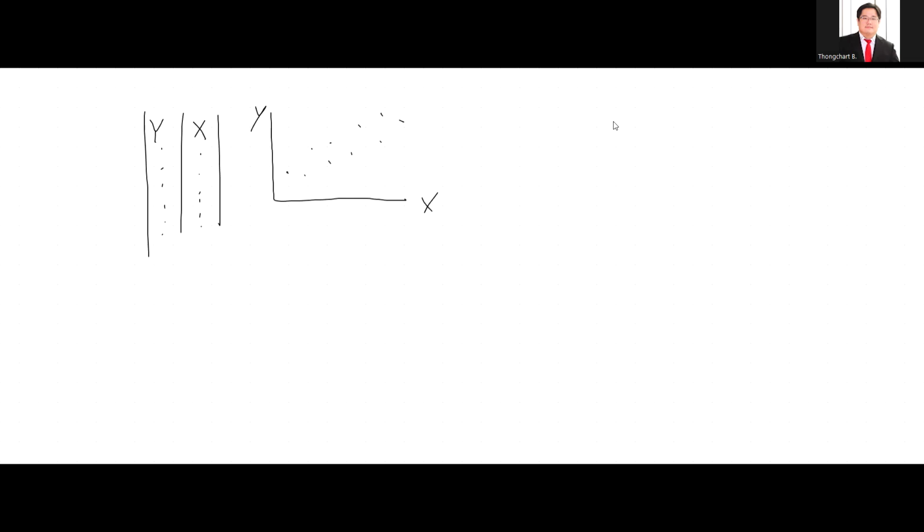Then we try to make a line which draws through the data, and this line is called econometric, which we use the technique called OLS, ordinary least square.